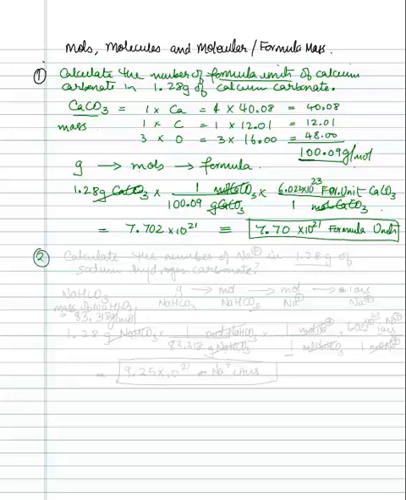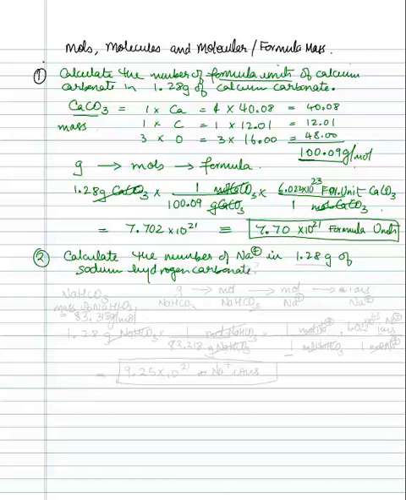Let's take a slightly different problem now. I'm going to take it one step further. Now we are going to calculate the number of sodium ions in 1.28 grams of sodium hydrogen carbonate.